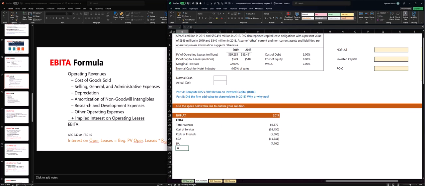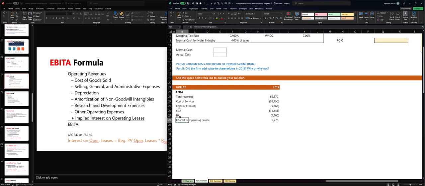So interest on operating leases: cost of debt times your previous number. So we have 2700, and we're adding it because we're lowering down our EBITDA.